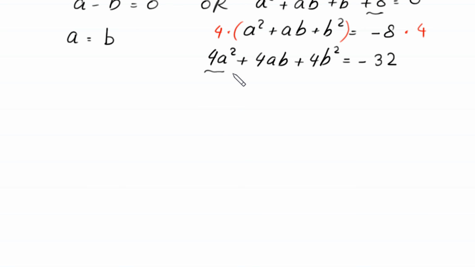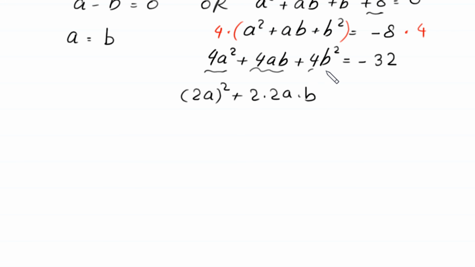Now this 4a squared can be written as (2a) squared, and this plus 4ab can be written as plus 2 times 2a times b.